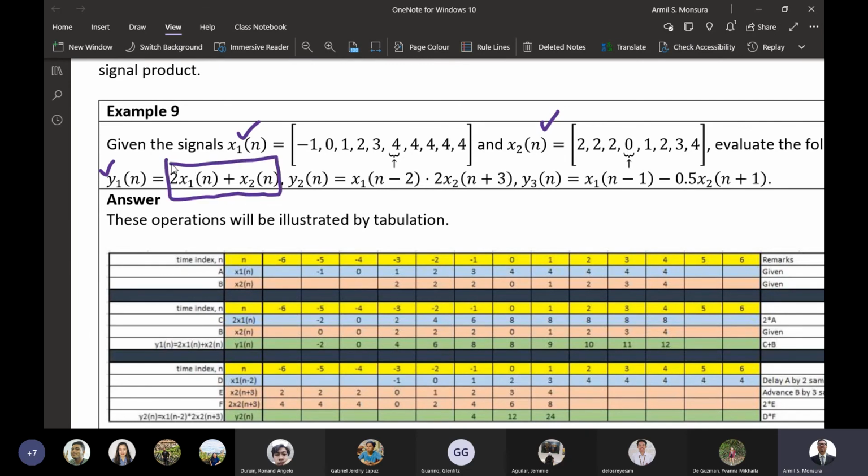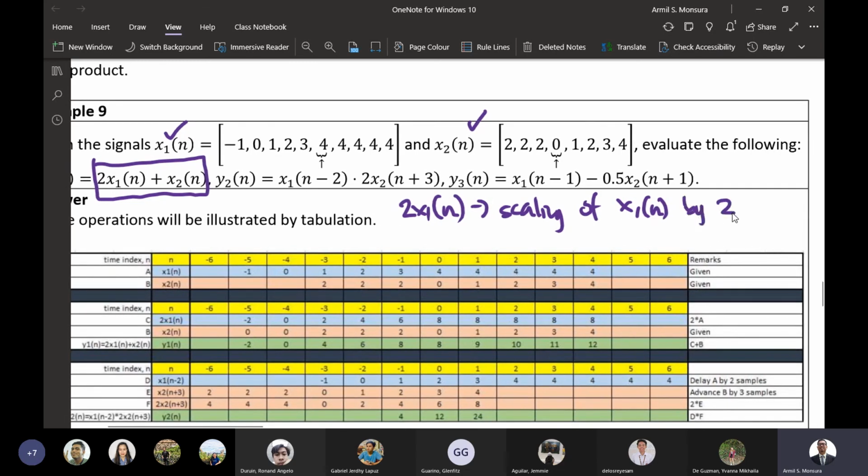Okay? So, yung 2x1, okay, is scaling of x1 by 2. Okay? So, ibig sabihin nun, yung signal values ng x1, i-multiply natin by 2. Okay?